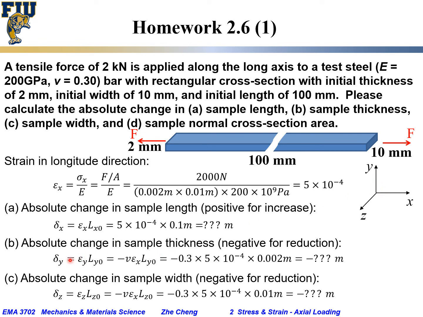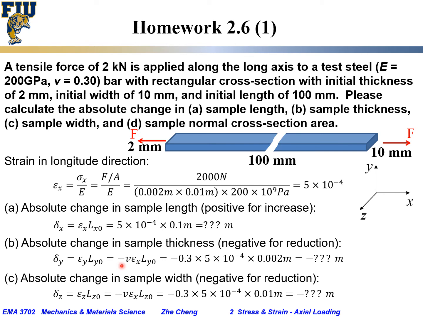In this case, delta y, the absolute change in the vertical y direction, would be the strain epsilon y in the y direction times the initial length. And what is epsilon y? Well, if you remember the broader Hooke's law, epsilon y would be the Poisson ratio times epsilon x, don't forget the minus sign.